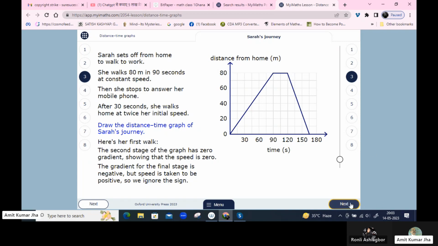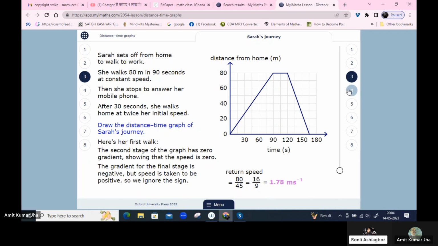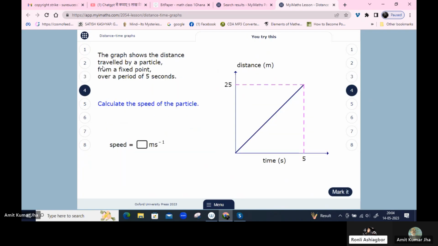The return speed will be 80 meters covered in 45 seconds, 16 by 9, that is 1.78 meters per second. So this part is over, and then what next? Then they have questions.